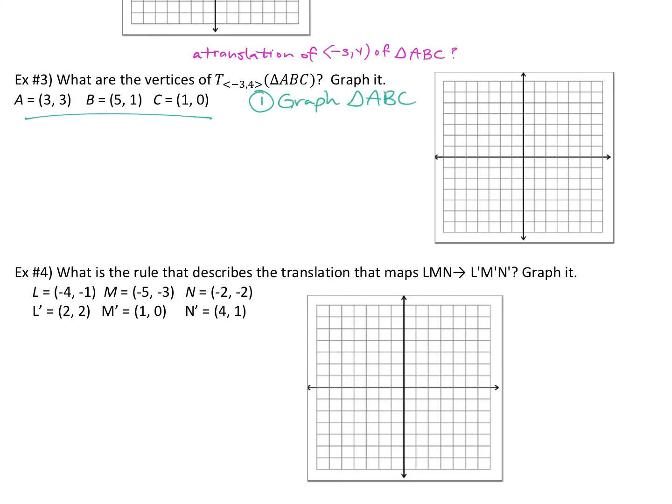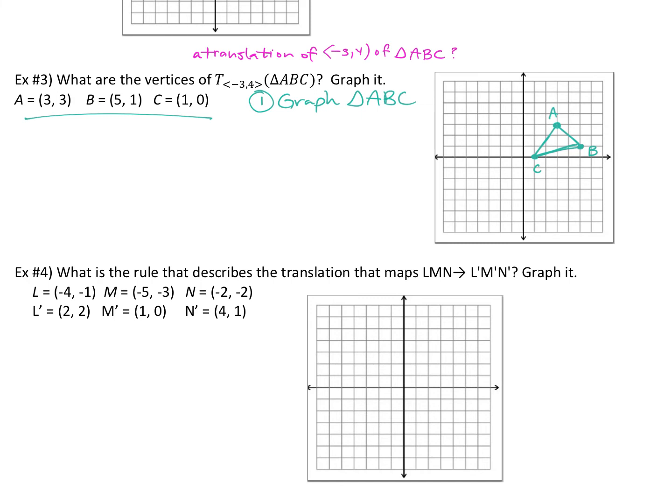Go 5 to the right, 1 up. Label them as you go. This is A, this is B, and then C is 1, 0. This is C. Okay, so that's step 1.